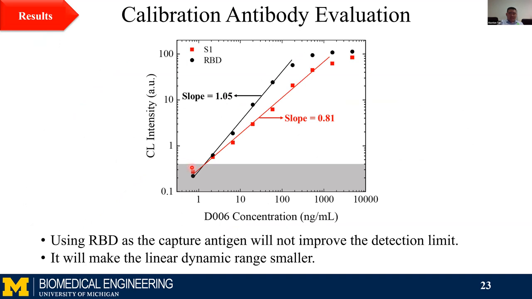What makes things even worse is that it makes the dynamic range of this assay shorter. So we still decided to use S1 as a capture antigen to generate as wide a dynamic range as possible.